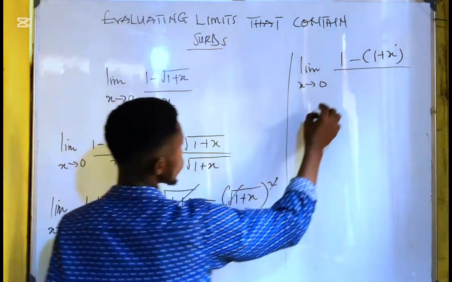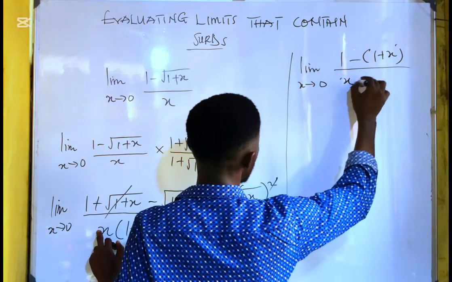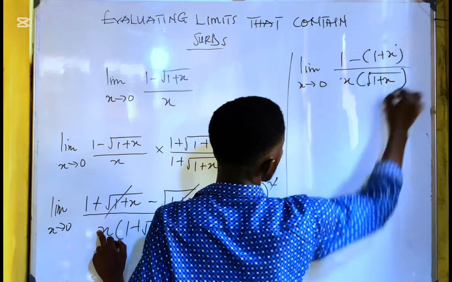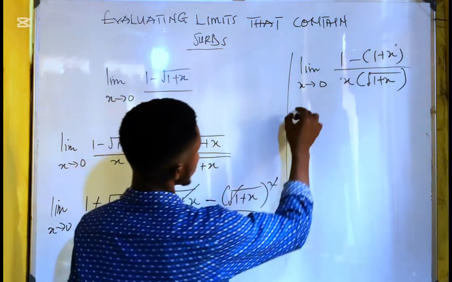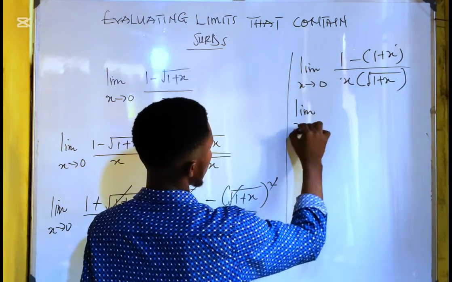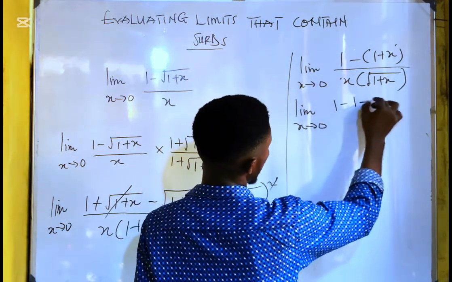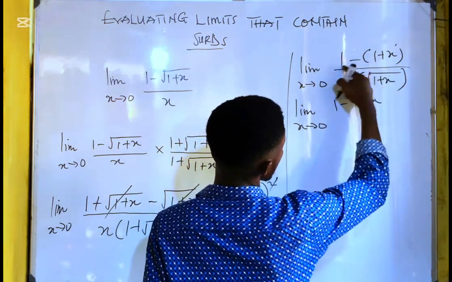Leaving the down to x, bracket open, 1 plus square root of 1 plus x. Now, in this case, we have the limit as x approaches 0 of 1 minus 1 minus x, or this and that.